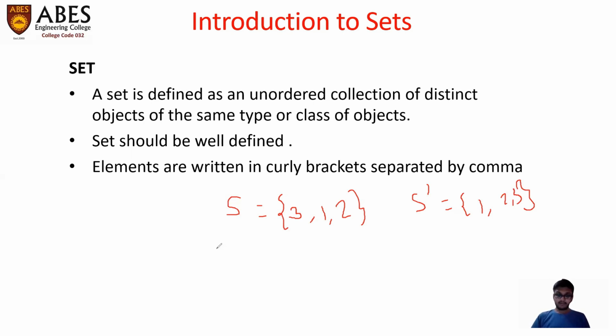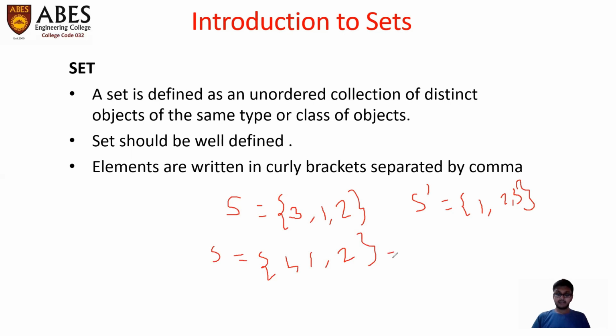Another property says that the objects must be distinct. Suppose I take the elements 1, 1, 1, 2. Here I see that 1 is repeated, so this is not a proper set, and we should avoid the repetition of elements.